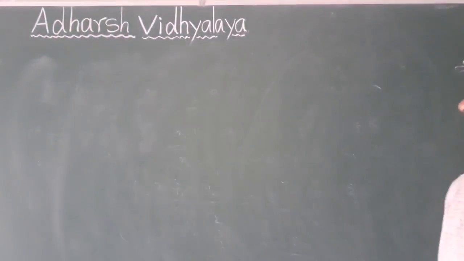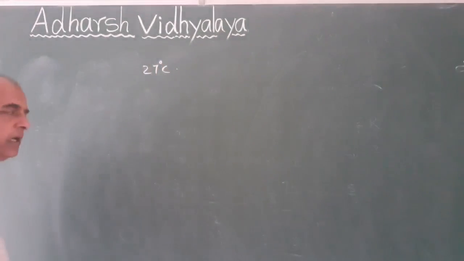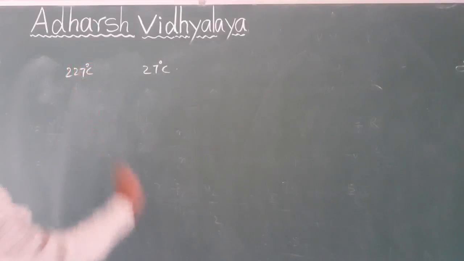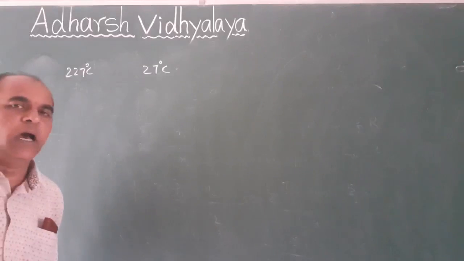Next problem. Sink temperature 27 degrees centigrade, source temperature 227 degrees centigrade. Calculate the efficiency of the heat engine or Carnot engine.